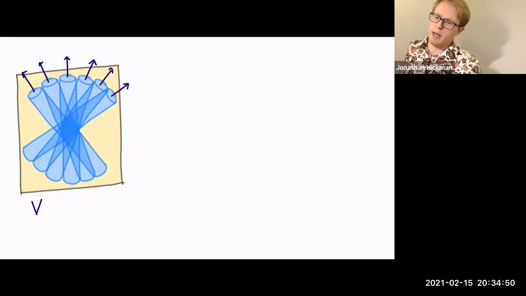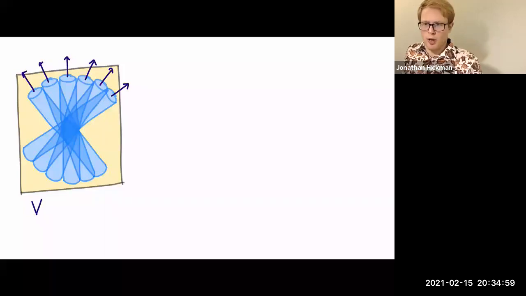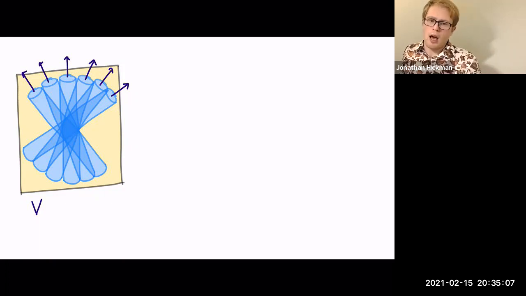We have a collection of wave packets that are all aligned along some hyperplane V. Now, this alignment constrains the directions of the wave packets. So the directions must lie in some great circle in the sphere. And because we constrain the directions, and the directions and the frequencies are in some one-to-one correspondence, the frequencies must also be constrained. So let's look at what the frequency support looks like in two different cases.